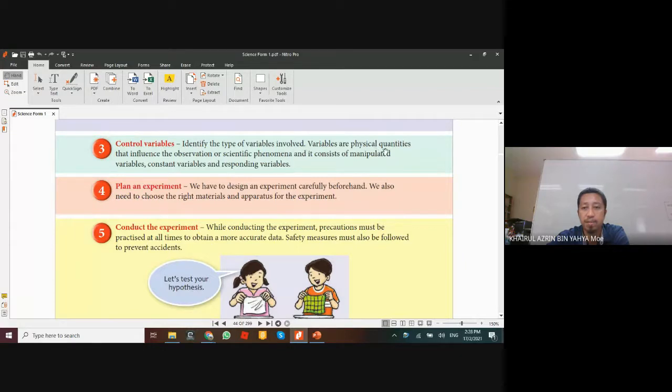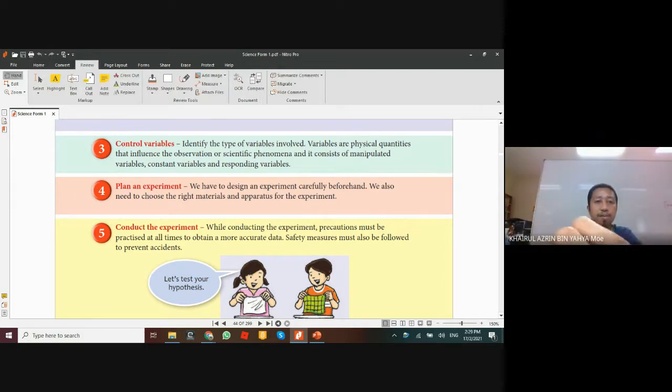Number 3, control variables. Identify the type of variables involved. Variables are physical quantities that influence the observation or scientific phenomena, and they consist of manipulated variables, constant variables, and responding variables. Let me draw for you. There are 3 important things in variables.